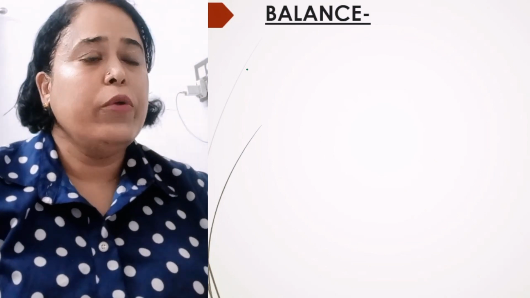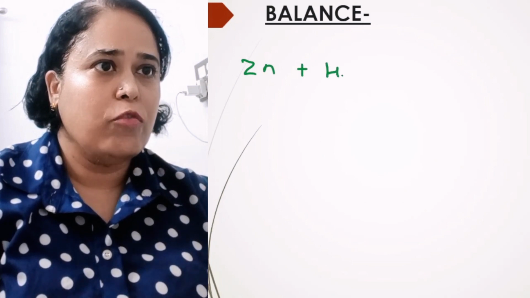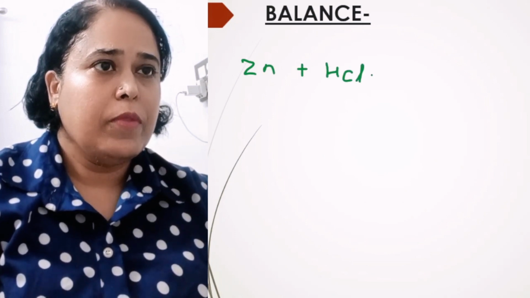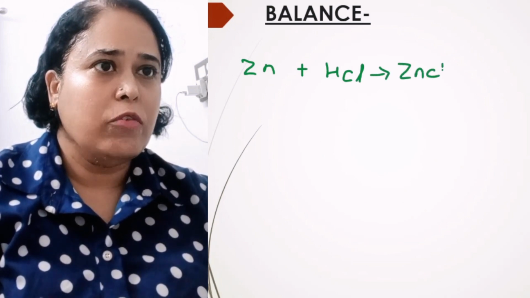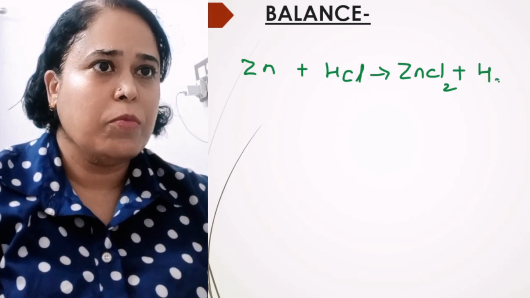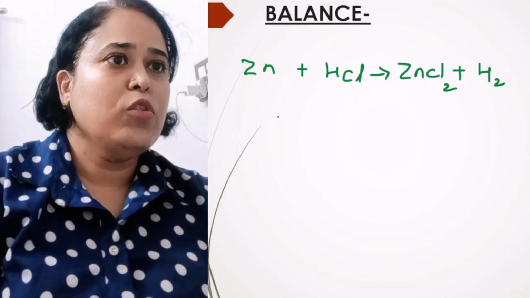Okay, we will try one more simple chemical equation for balancing. Zinc plus HCl, hydrochloric acid, gives zinc chloride plus H2, hydrogen gas. Now let's count the number of atoms on both sides.